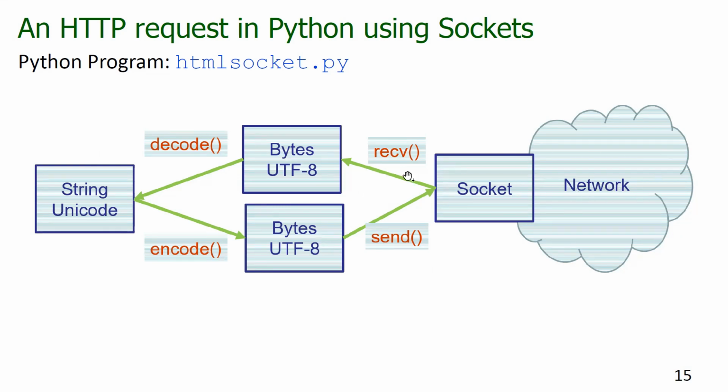From the network through the socket, it is received at the client side in the same UTF-8 bytes, then decoded back to our original data, the string in Unicode format. So the flow is encode, send, receive, decode, repeated for every document you want to read. That is the demonstration of making an HTTP request in Python using a socket.